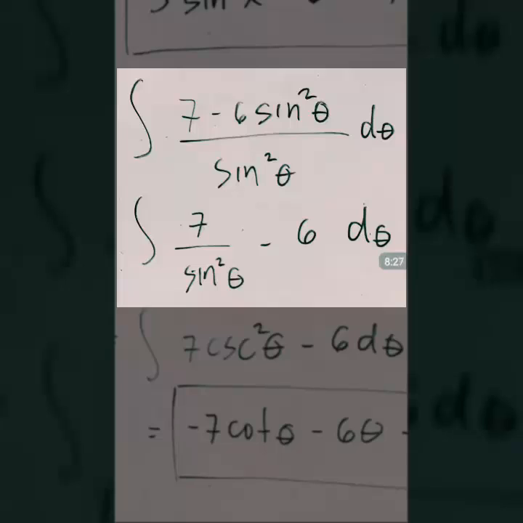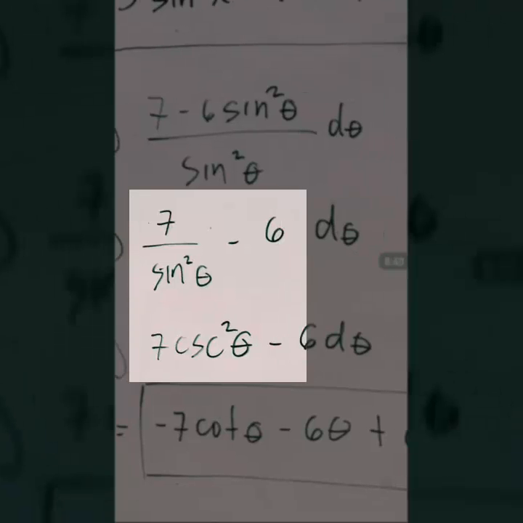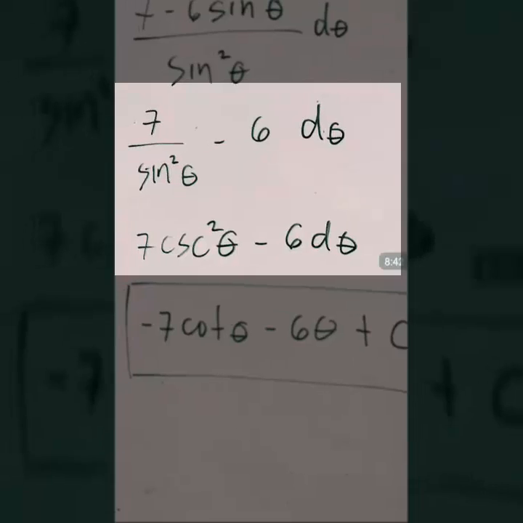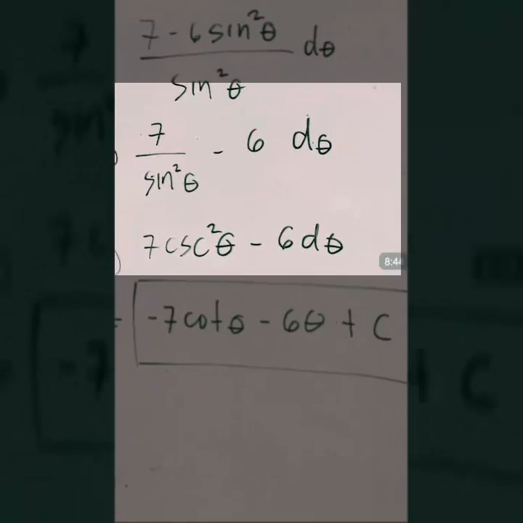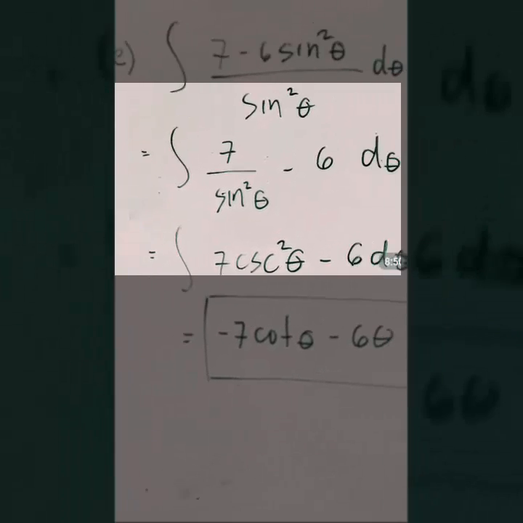So, for ating example, since 1 over sine squared theta is cosecant squared theta, we have 7 cosecant squared theta minus 6 d theta. Napakadali na, wala nang kahirap-hirap yung ating pagkuha ng integrals ng example letter E.